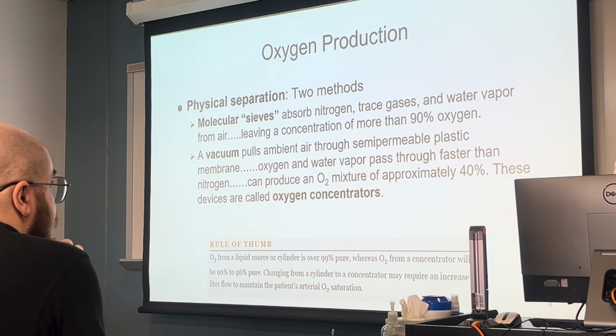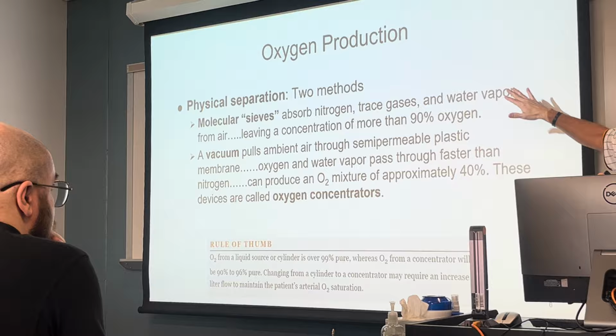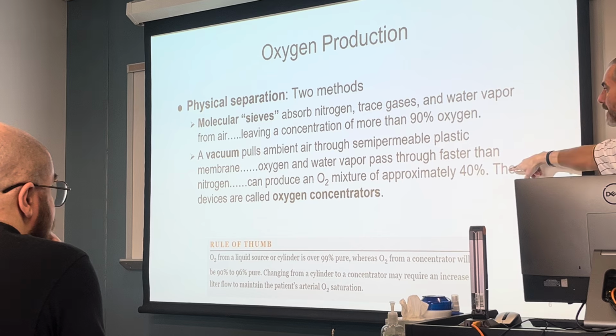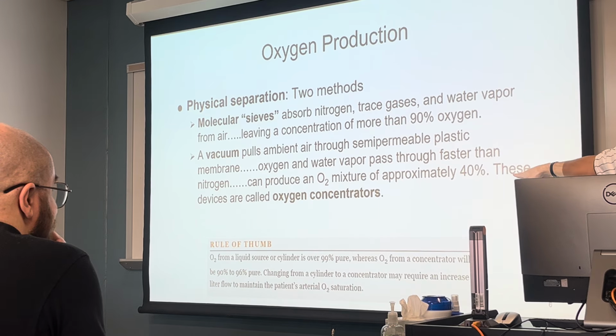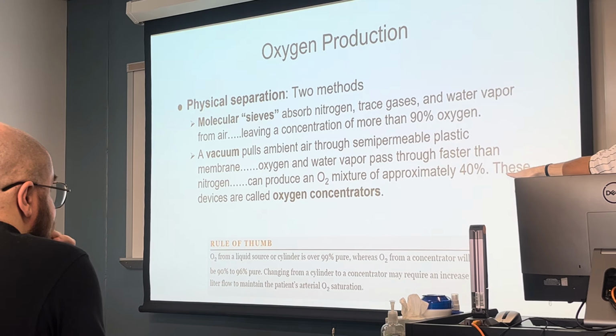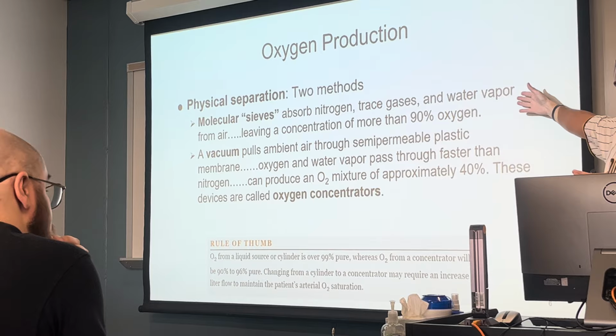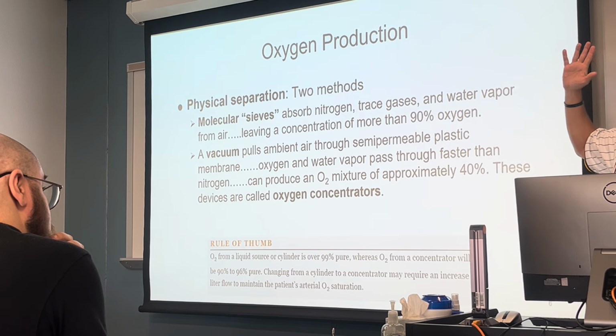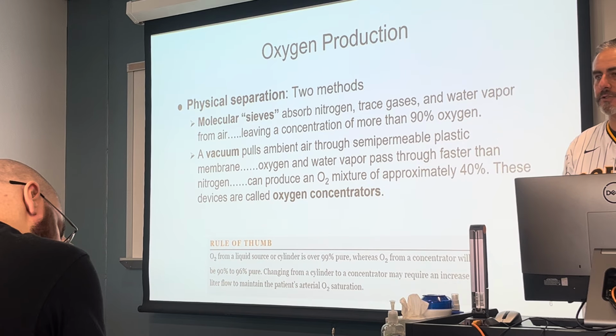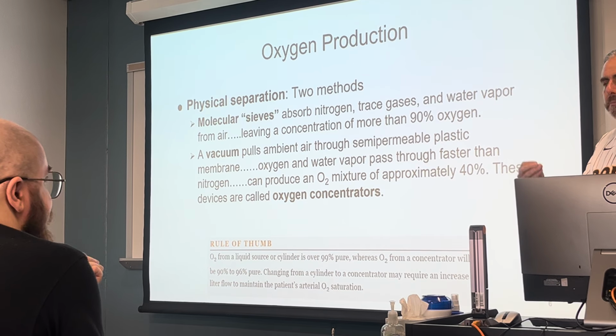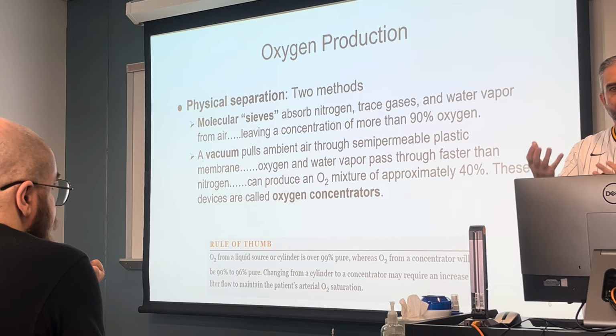Now that method's not quite as effective as the molecular sieves. Oxygen coming through this ends up being about 40%, so it's not anywhere near 90% like this one, nor 99.5% like fractional distillation, but it is a means to be able to create oxygen.